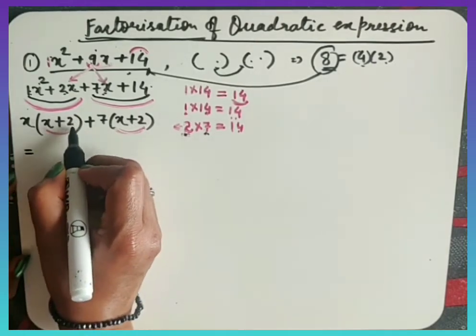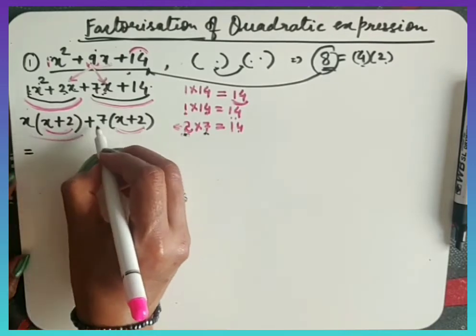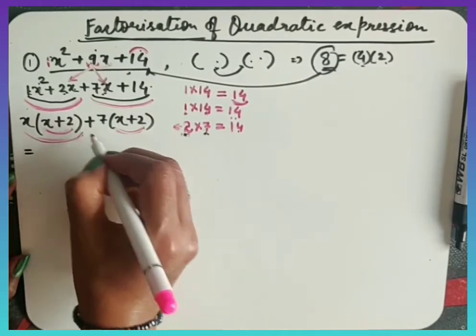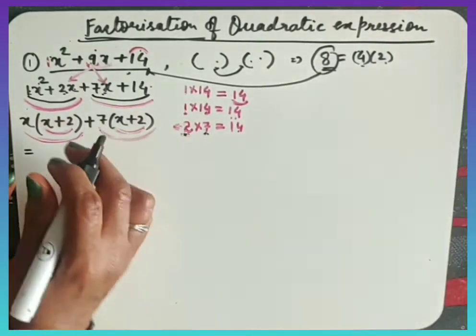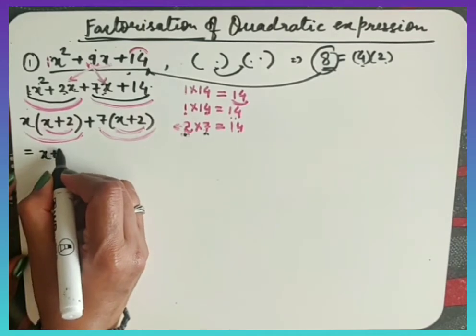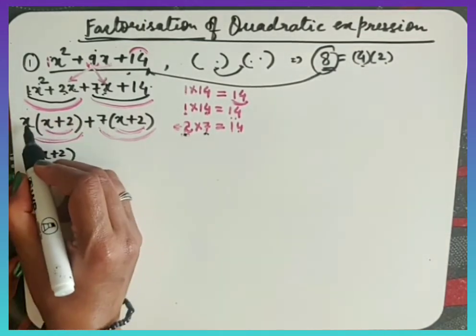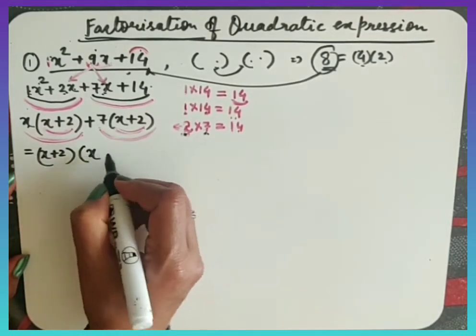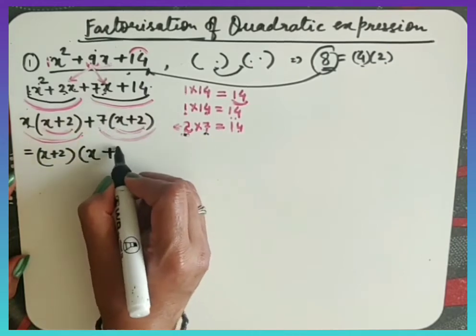Now what are the two factors here? One factor is x plus 2. Now you have two terms separated by this plus, the first term and the second term. From these I can take x plus 2 common. When this x plus 2 goes out, what is left inside is x, and then plus 7.